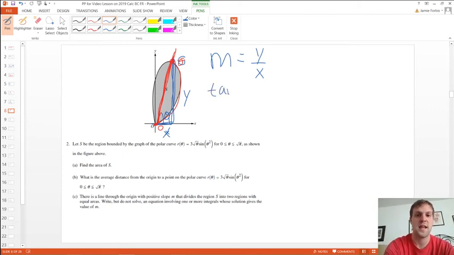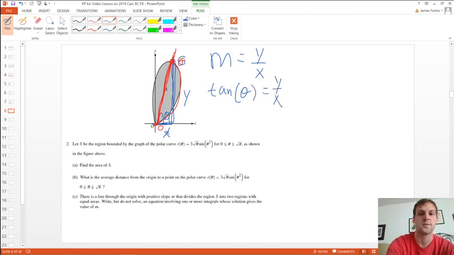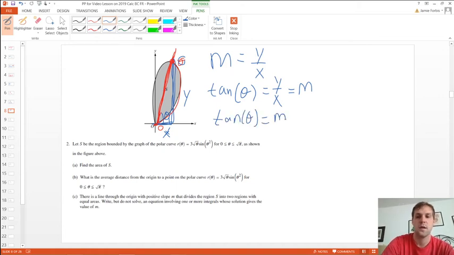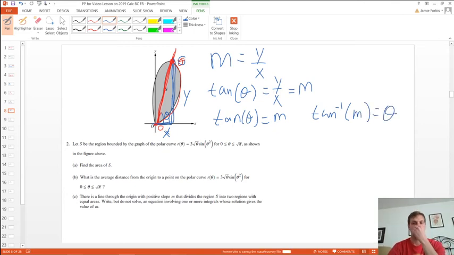The tan of theta is equal to y over x, which is equal to m. So I know that the tan of theta is equal to m. So if I want to get theta by itself, I know that tan inverse of m is equal to theta. So that's how we relate theta to m, right? So I know that this angle measurement here is equal to the tan inverse of m.